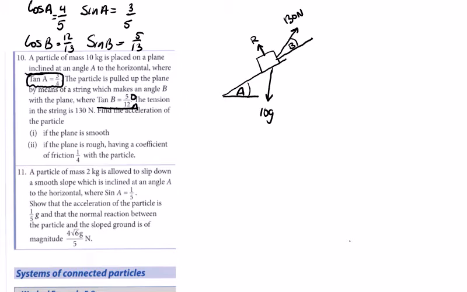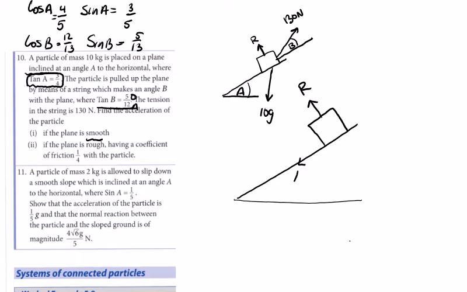So now let's do a bigger diagram here. We have several different things going on here. We have our particle. We have R. We could possibly have mu R, going down this way, though we'll start with smooth.